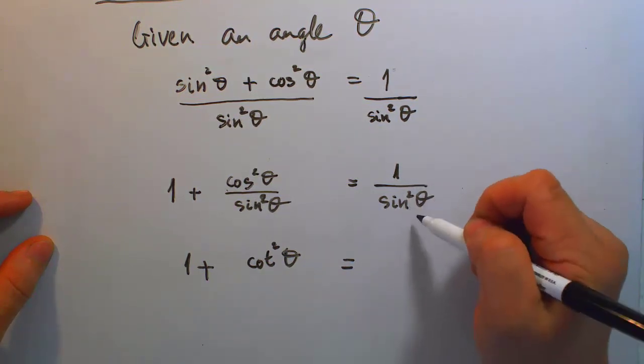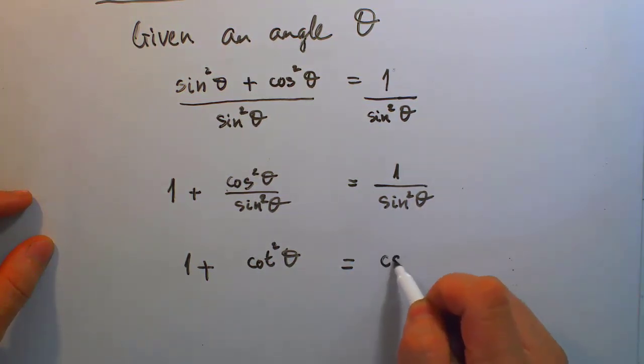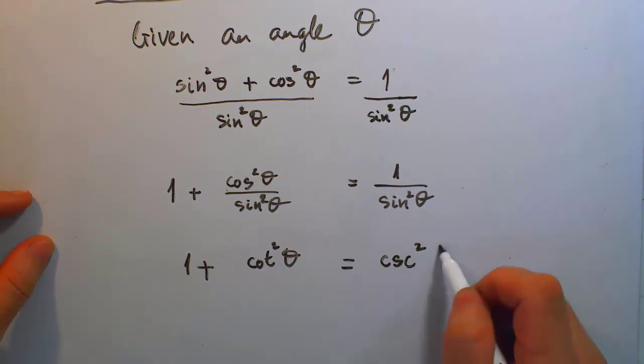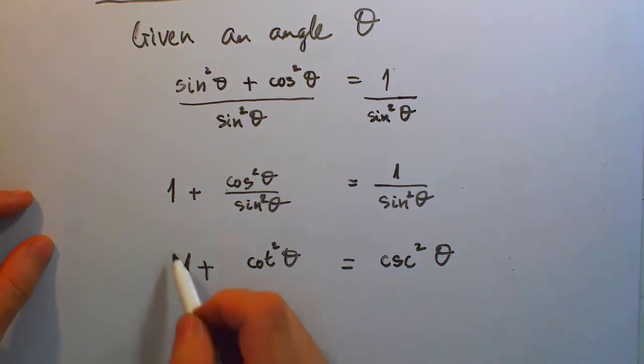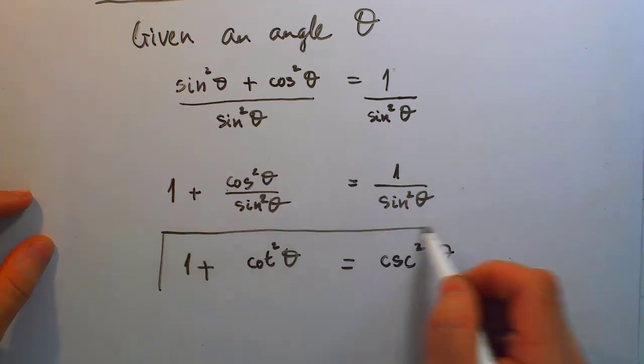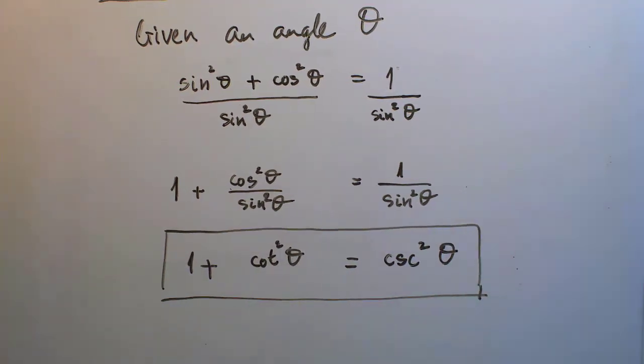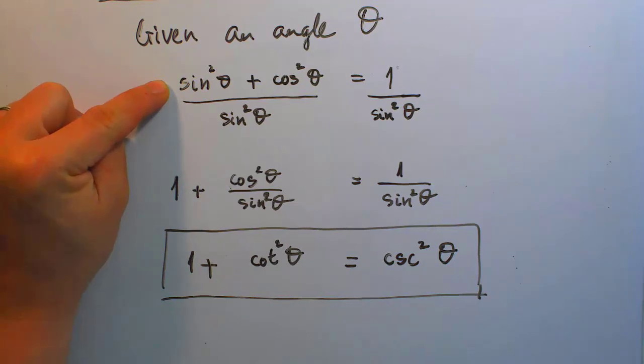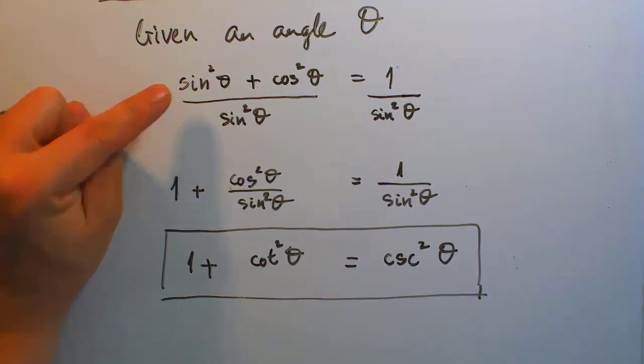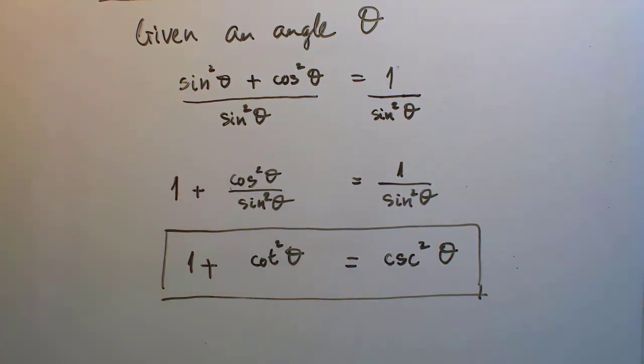The right hand side you can recognize as cosecant square of theta. And so what we have found here is another identity. It's another member of the entire big family of Pythagorean identities out there. Once again, this grew out of that famous, fundamental identity, sine square plus cosine square equals 1.